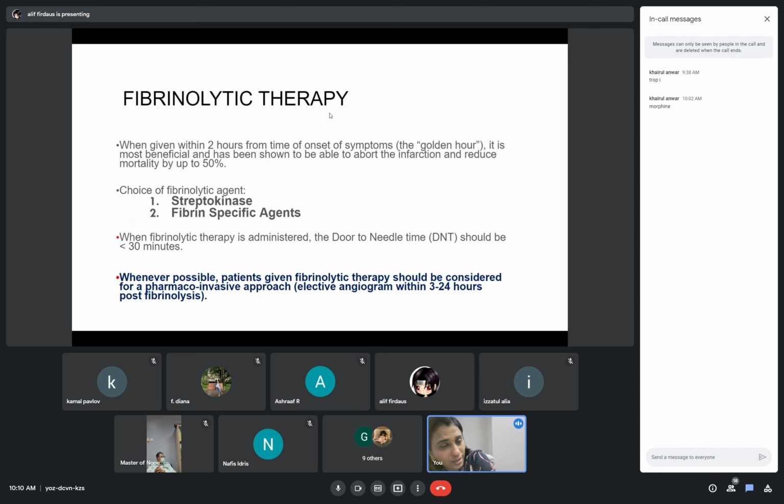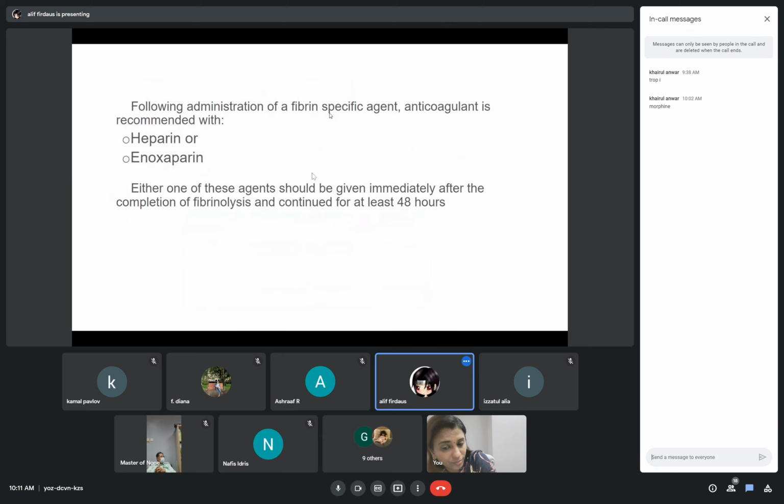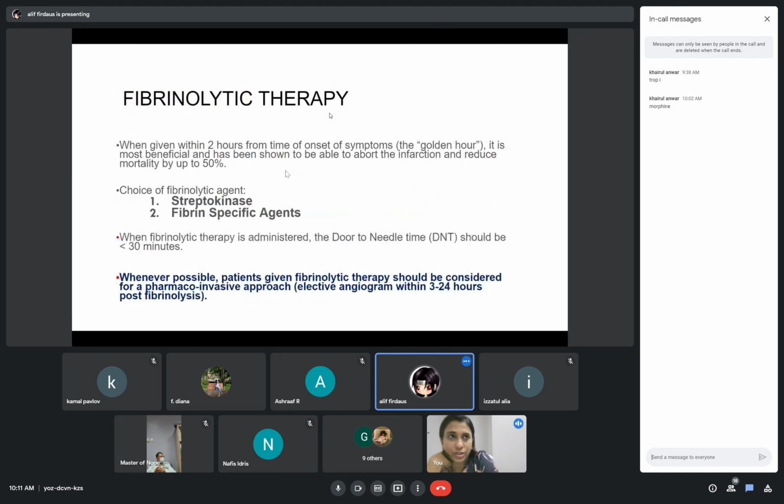Fibrin specific agent like tenecteplase, alteplase tu semua fibrin specific agent. Apa bezanya dengan STK ni? Maksudnya STK tu ke longer time kan doktor? Compared to alteplase. Alteplase dia mode of action lagi cepat. Okay, one is the mode of action. Actually, no, is the way we are administrating the medication.